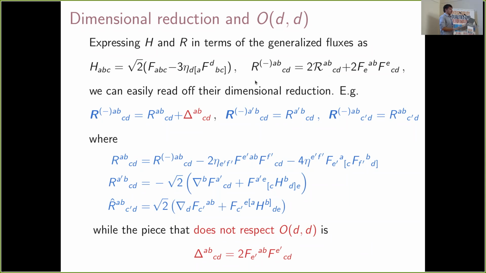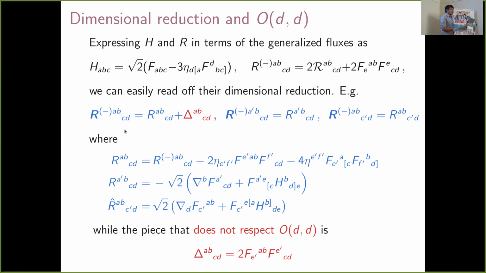It's convenient to express those objects in terms of the generalized fluxes, and you can do that this way, an expression we saw before. Then we dimensionally reduce that expression, because then we can immediately read off the dimensional reduction.